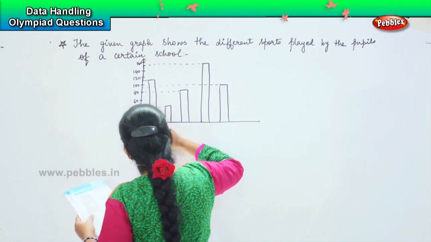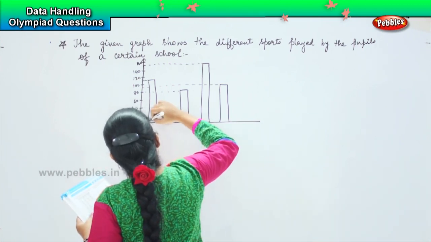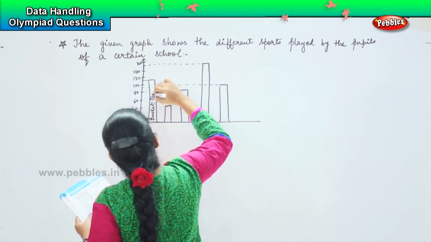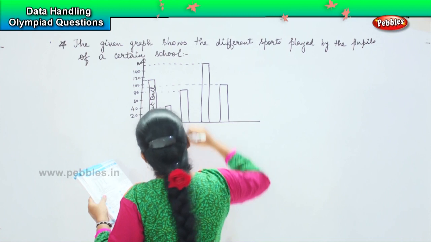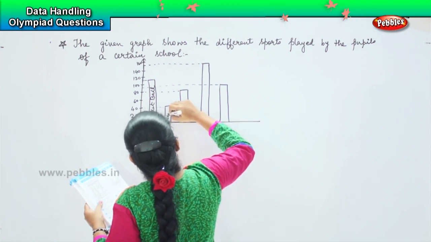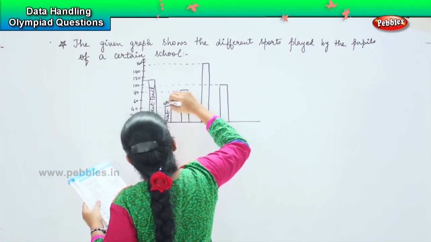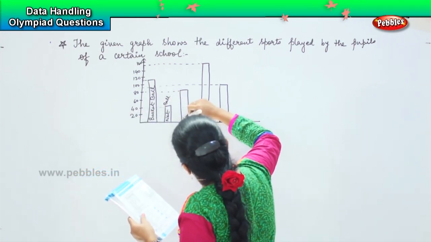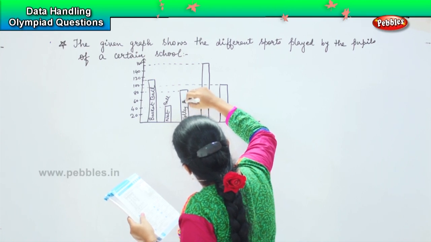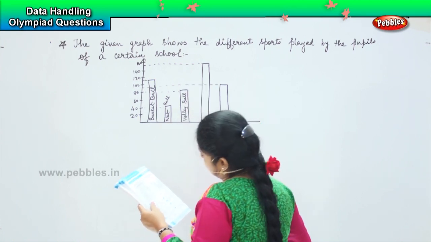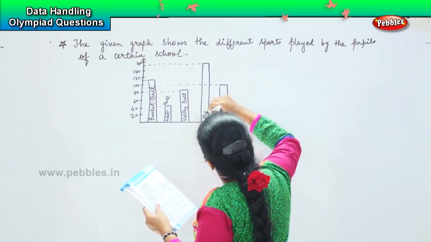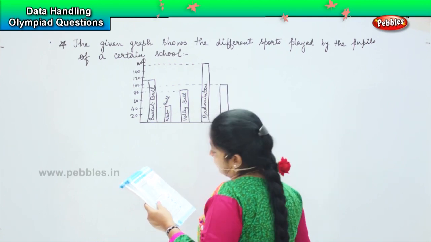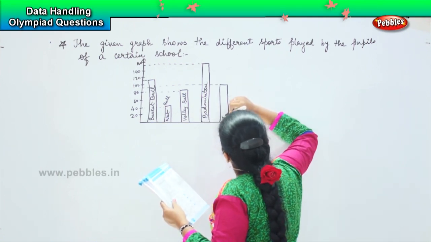So here you have, this is basketball, this is netball, this is volleyball, this is your badminton, and the last one is your table tennis.